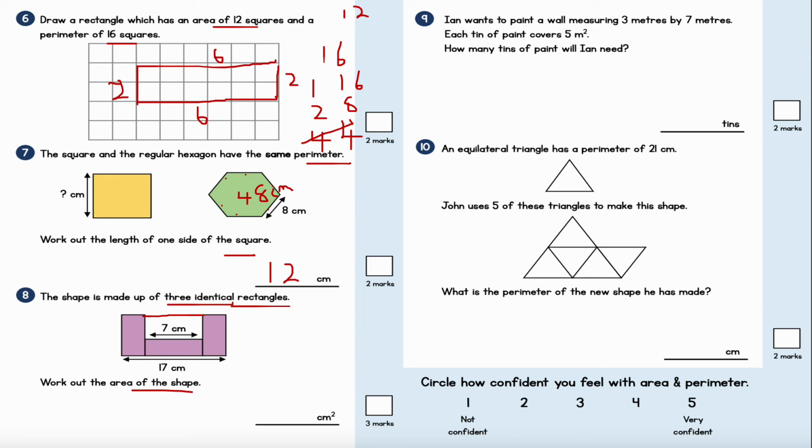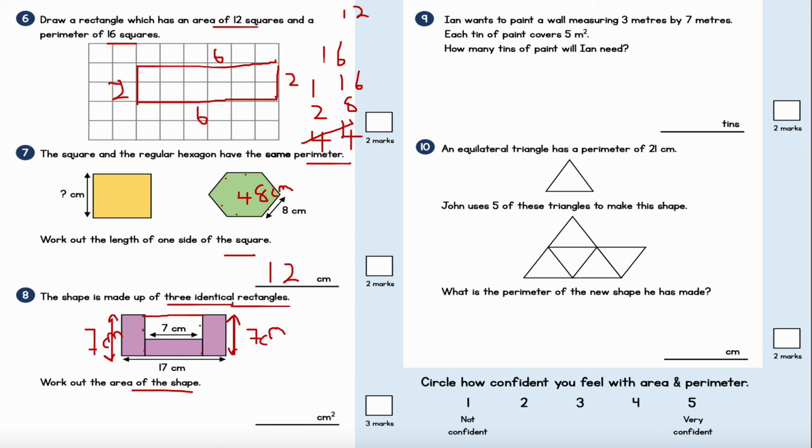Now this distance here is the same as this distance here, so that's going to be 7. But we don't know what this distance here is, do we? That's going to be 7 there. Okay. If we work out the area of one rectangle, we are unaware of what these lengths are, but we might be able to work them out.